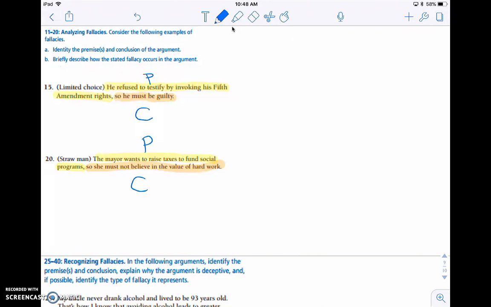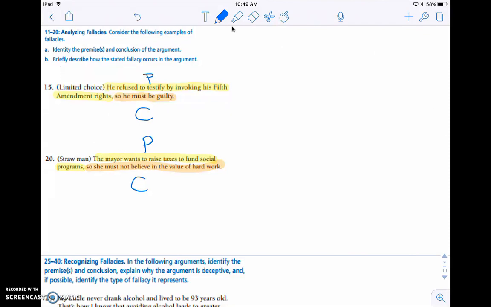When we look at the conclusion, the mayor's kind of being characterized as lacking a belief in hard work, based off of a completely unrelated issue. So we go from social programs to someone not believing in hard work.